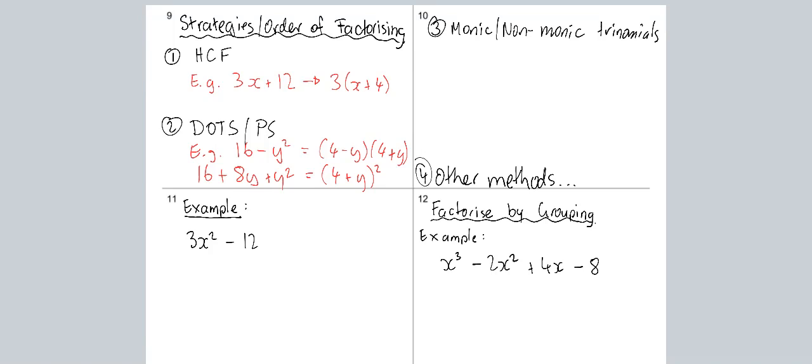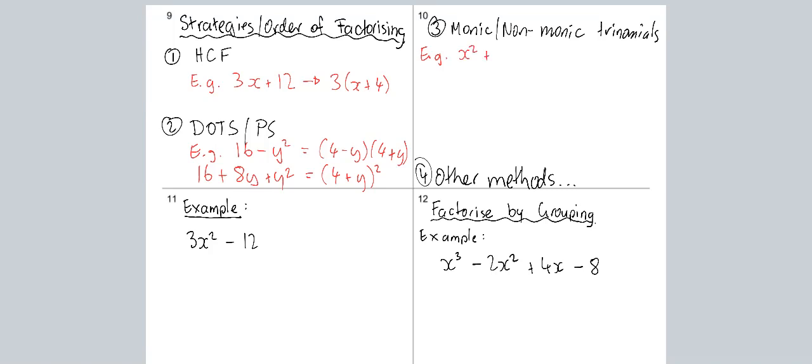A monic trinomial means, and we're going to do this properly. This is the summary, so we'll do it properly later. A monic trinomial is where the leading term, the x squared term, has a coefficient of 1, which is implied, so you don't see it. A non-monic one doesn't. It has a coefficient of something else. So I'll do 2 examples here.